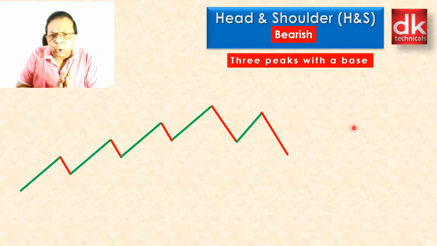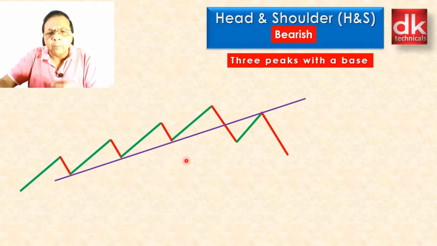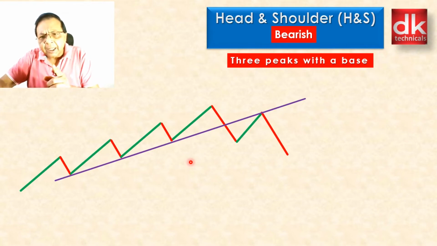So in this pictorial diagram, I am going to draw a trend line. This is the trend line where I have joined the various pivots, this low to this low to this low. Once there are three or more touch points, this becomes a standard, established trend line.